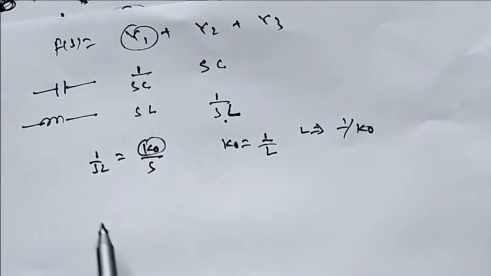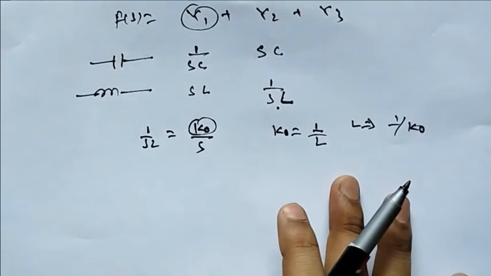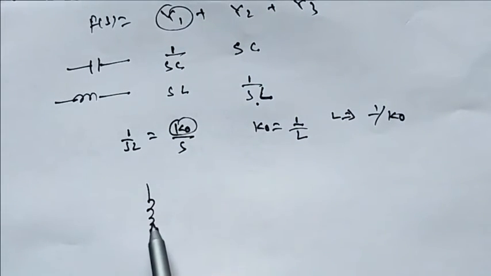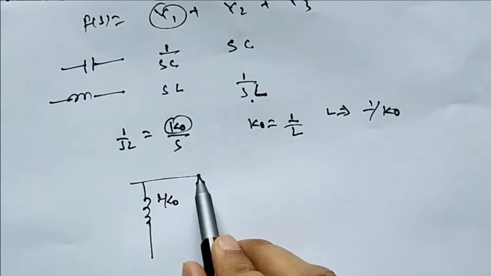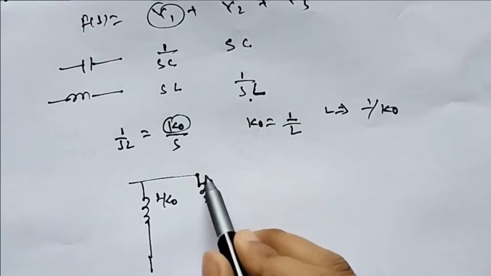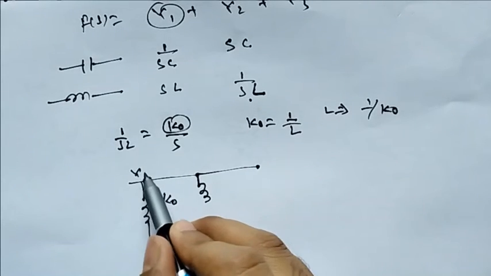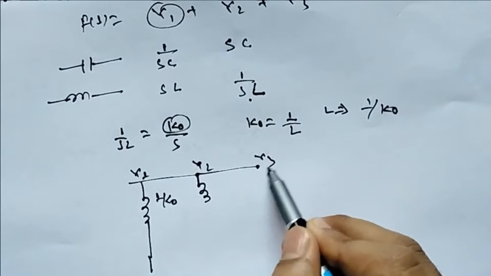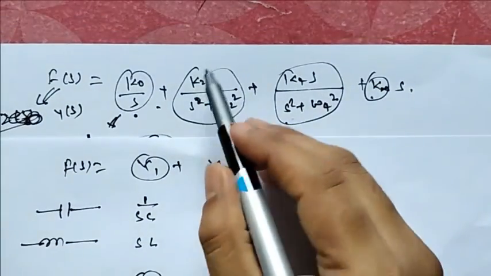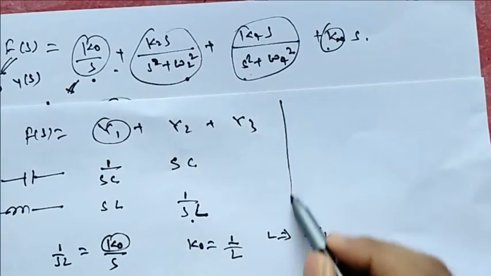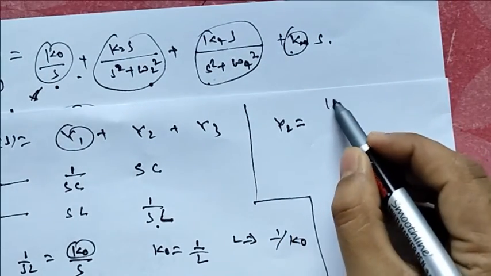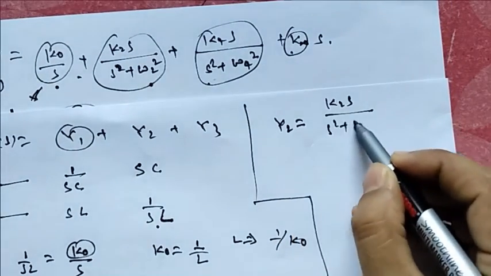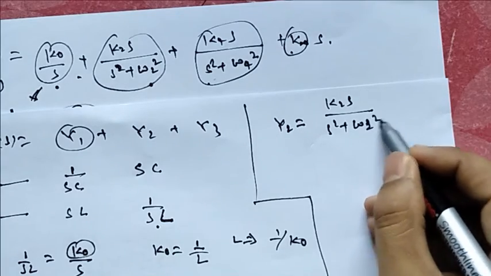So if I plot this one, the first term will be 1 by K0, and all are in parallel combination: this is your Y1, Y2 and Y3. Now let me study this, taking this as Y2. Y2 is equal to K2 S by S square plus omega square.